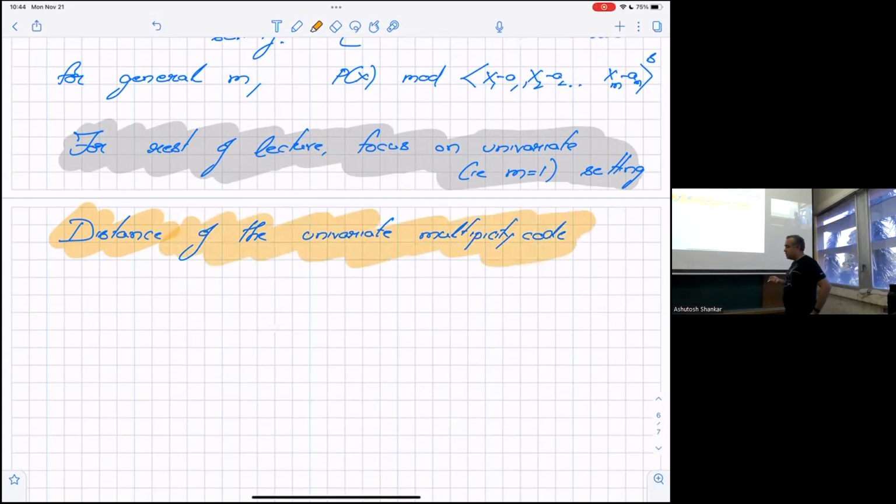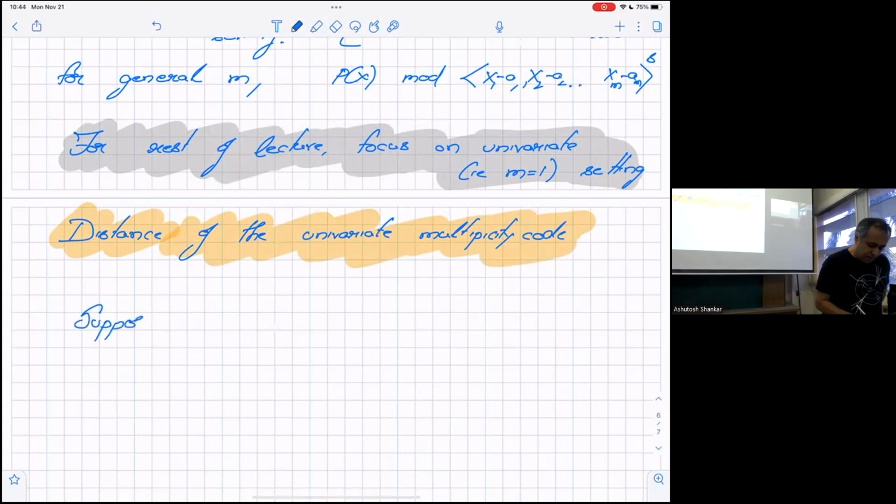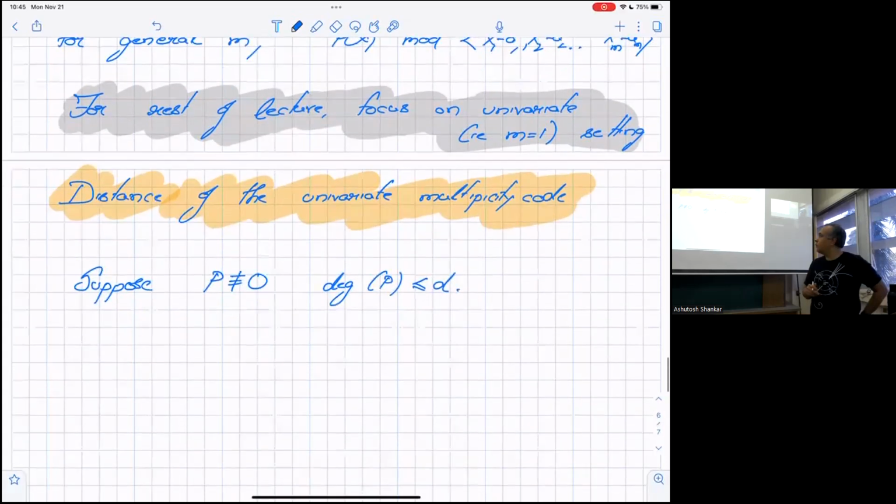What was the corresponding notion that we used to understand the distance of the univariate Reed-Solomon code? How many times can the polynomial be zero? We'll ask exactly the same question here. Suppose P is not the identically zero polynomial, and the degree of P is less than or equal to d, some degree d polynomial.